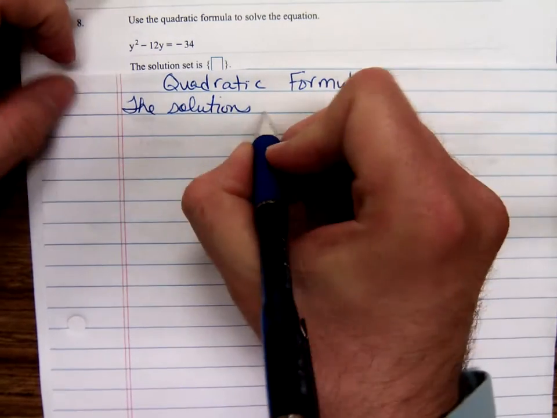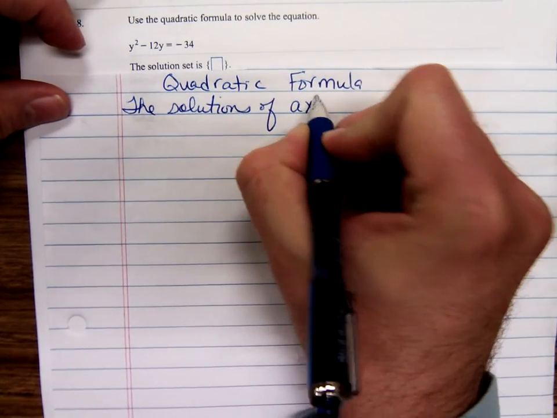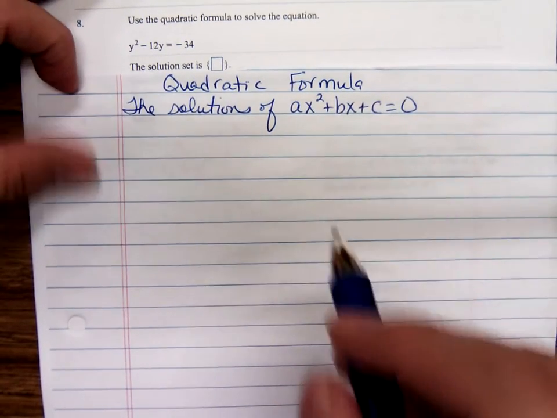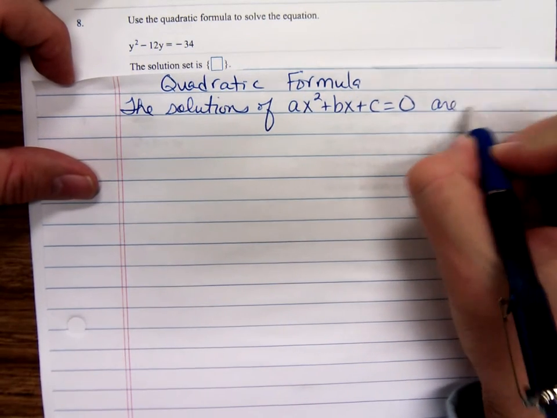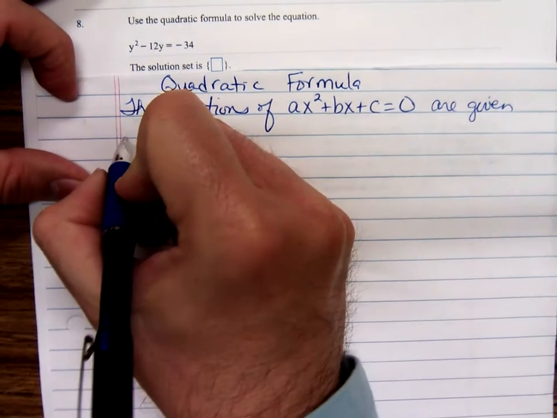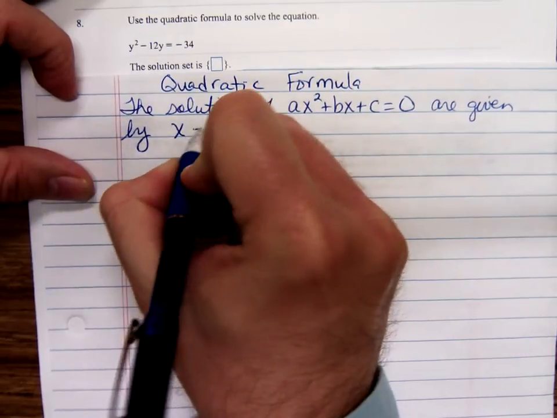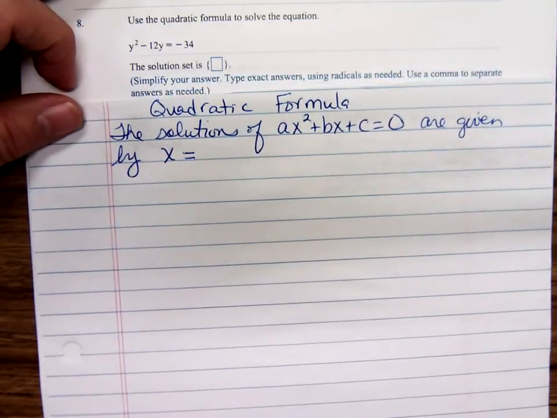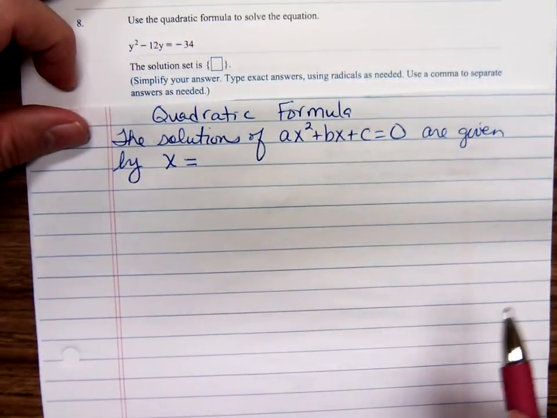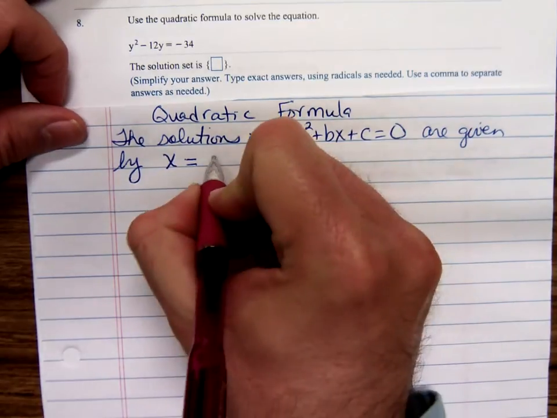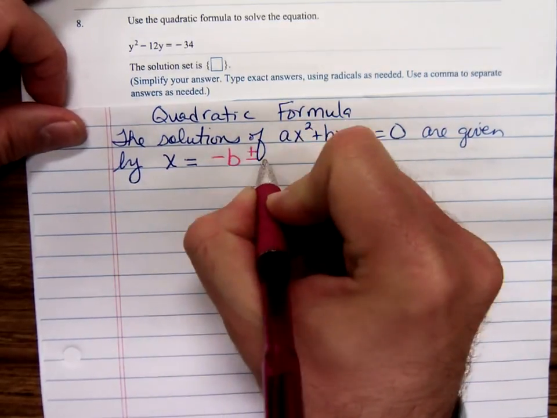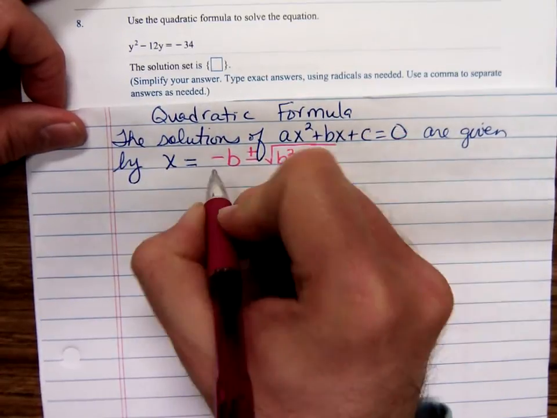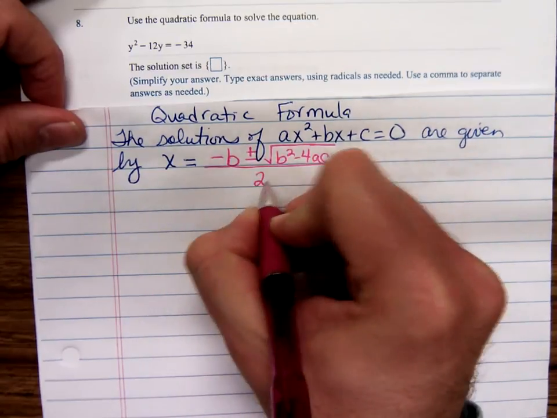The solutions of ax squared plus bx plus c equals 0, again, this is where a isn't 0, are given by x equals, what I'm about to write is what people think if they say state the quadratic formula. It's one of those universal formulas every algebra student has memorized. Negative b plus or minus the square root of b squared minus 4ac all over 2a.